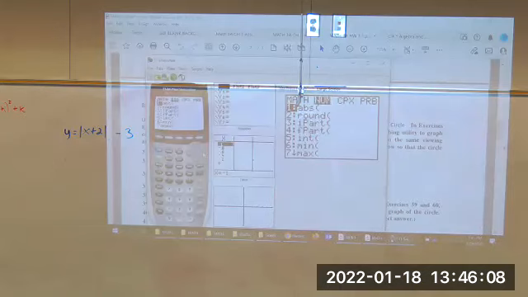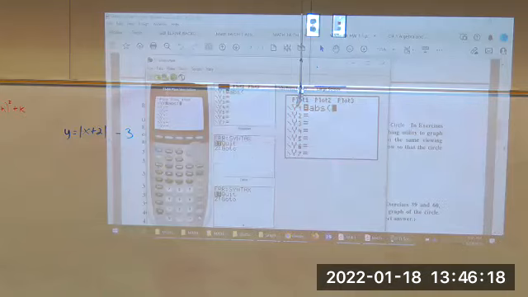And right there is ABS, absolute value. So I click there, and it's going to take the absolute value. Now I'm going to punch in x plus 2, and you have to close the parentheses. So x plus 2, and then a minus 3.